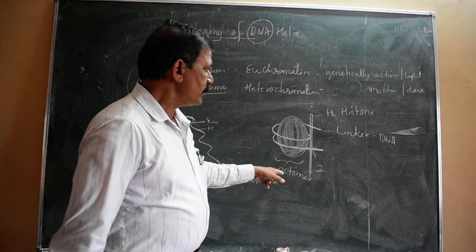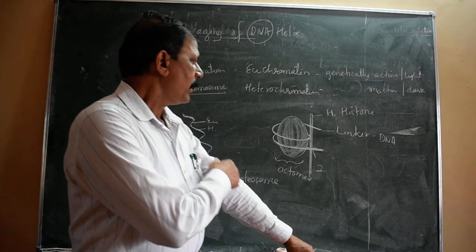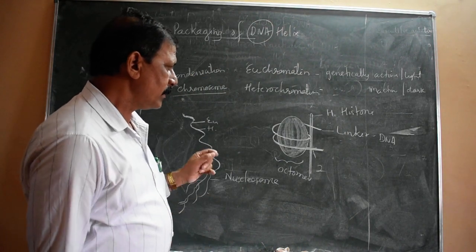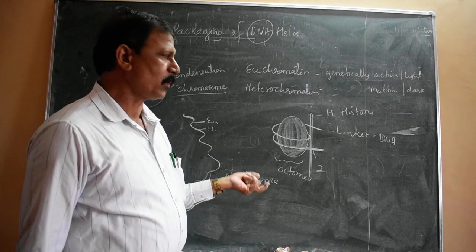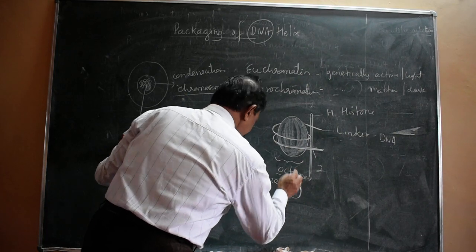So here H1 histone, then H2, then H3, H4 like this the histone molecules are present. Octa means 8.